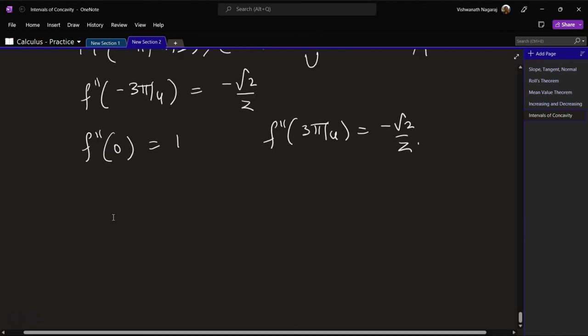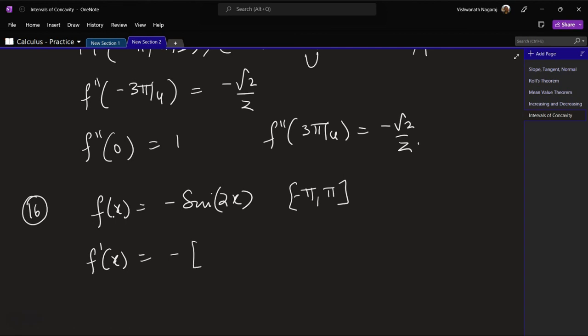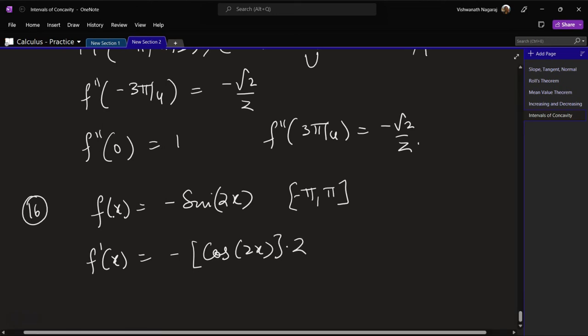Okay, 16th one. f of x is equal to minus sine 2x, again in the interval minus pi to pi. f prime of x is going to be minus cos 2x times 2, which gives us minus 2 cos 2x.